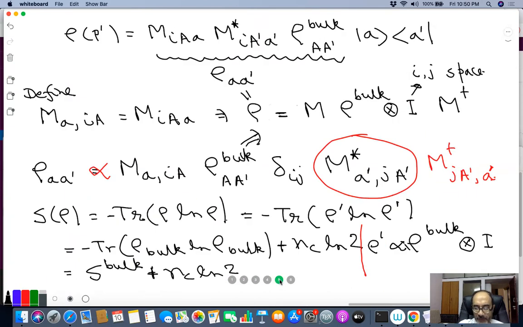So the non-trivial part is that instead of I, here you have 1 over 2 to the N_C for each entry. And that's what leads to this. Is this clear? Yes, sir. Clear. Any other question?